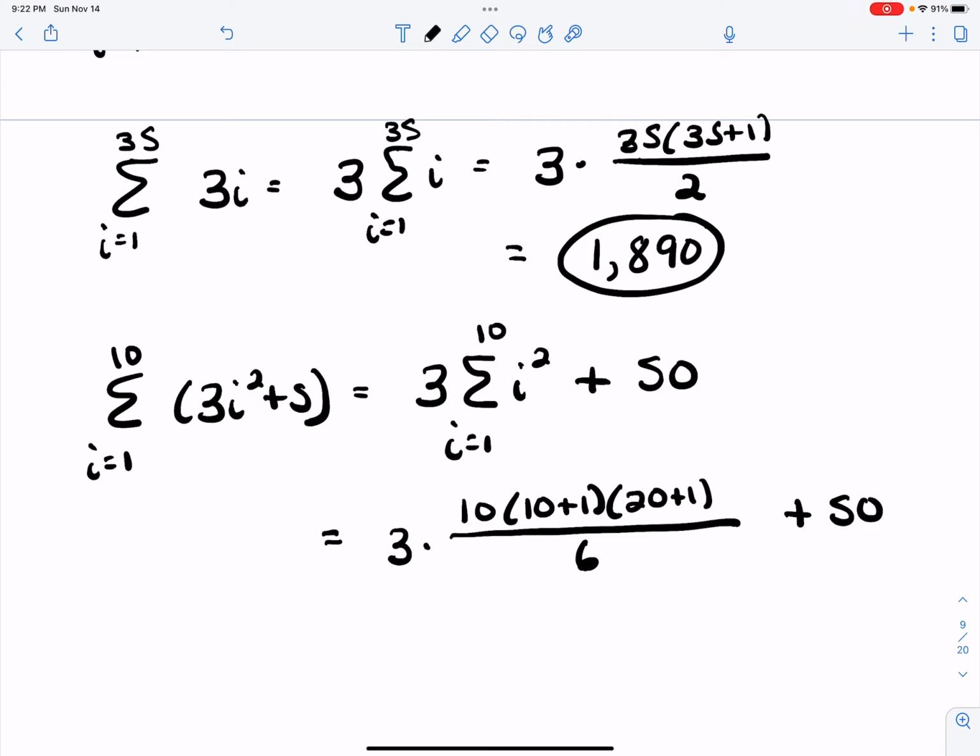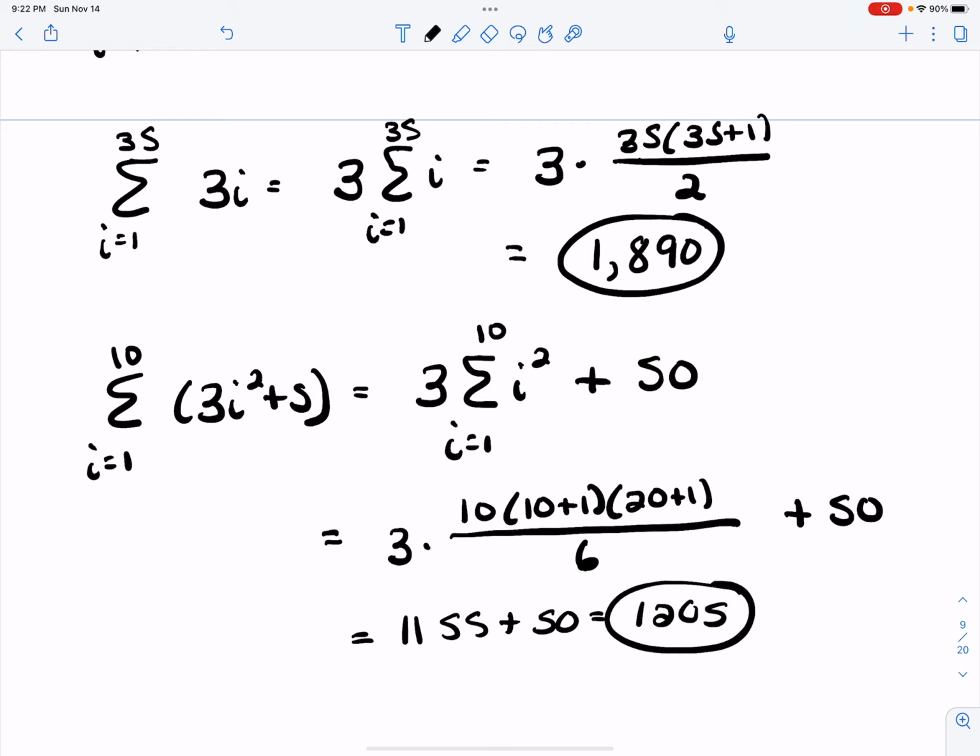So when you do figure that out, you get 1155 plus 50, which comes out to 1205. So I'll let you do the basic math there, so you can finish those 2 problems.